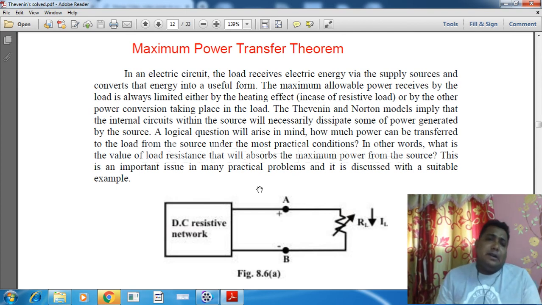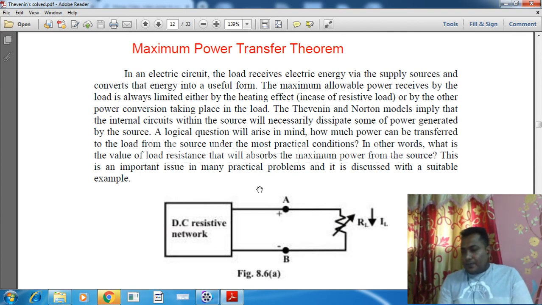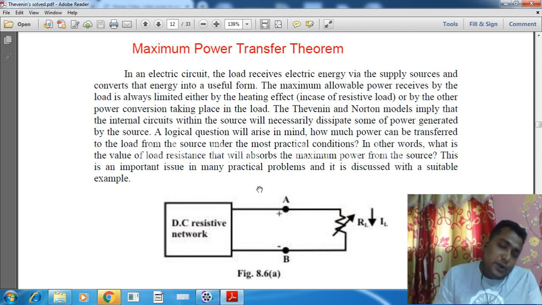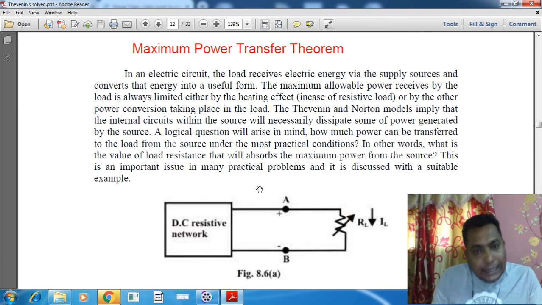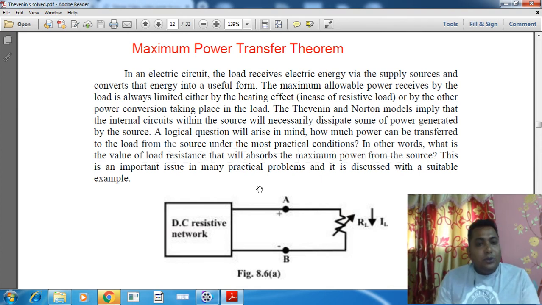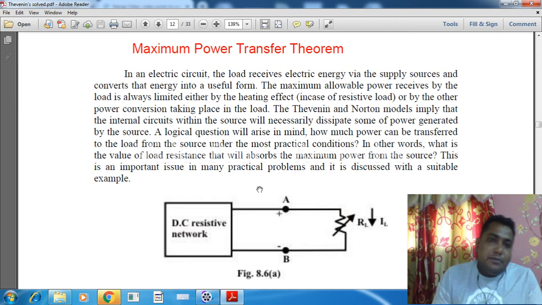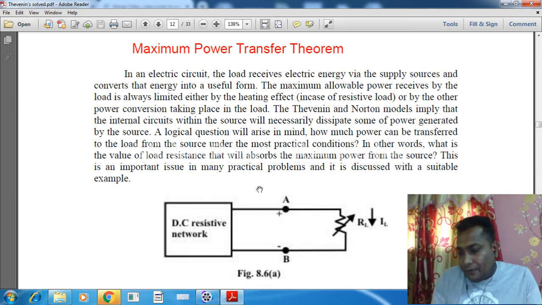When we did the theory and proof of the maximum power transfer theorem, we saw that when the internal resistance RTH is equal to RL, maximum power can be delivered to the load resistance, correct? That formula and derivation we have already derived.